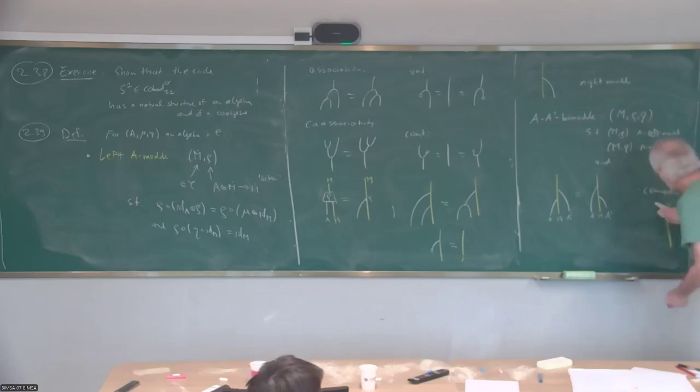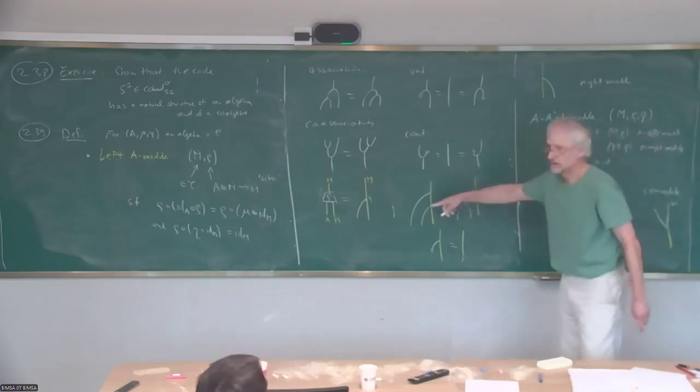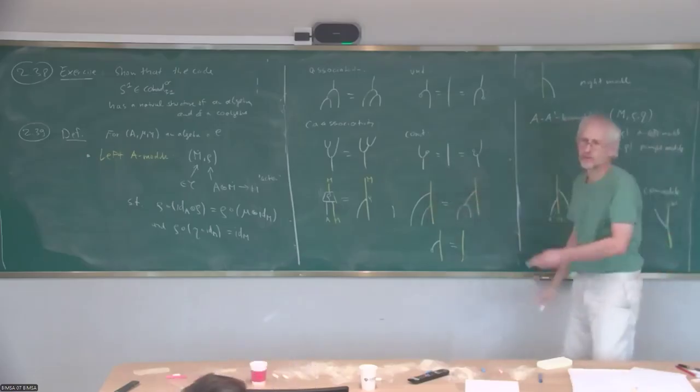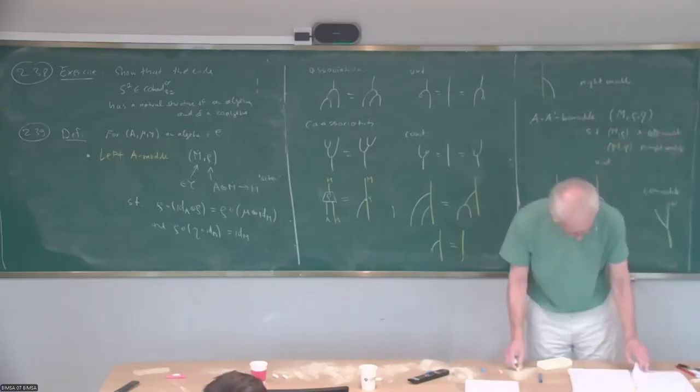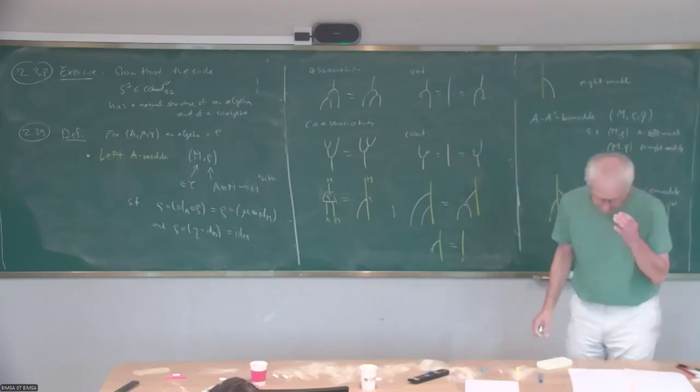Just having an object, let's call it W, and then a morphism of this type, such that I get identities like these obtained from these by reflecting upside down.